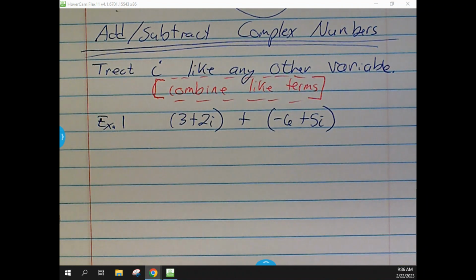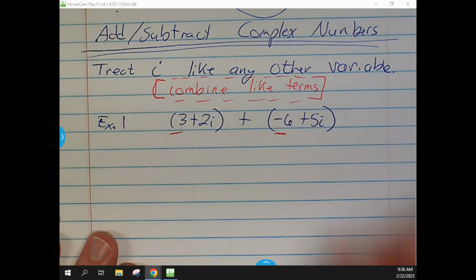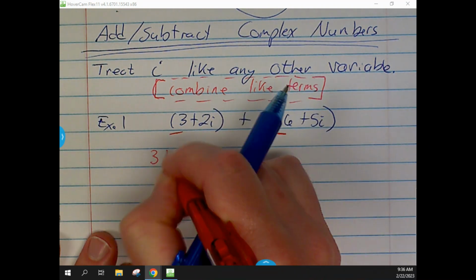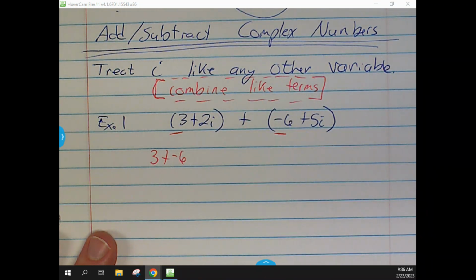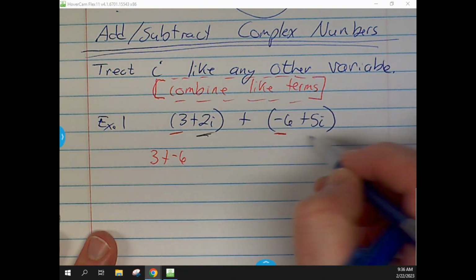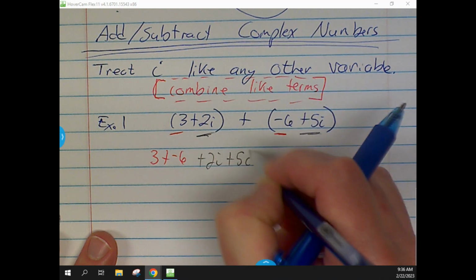So if it's there, again, you're just going to separate it out by like terms. You've got a 3 and a -6. So for that part, you're going to do 3 plus -6, or you can just do 3 minus 6. And then for the imaginary part, you've got 2i plus 5i.